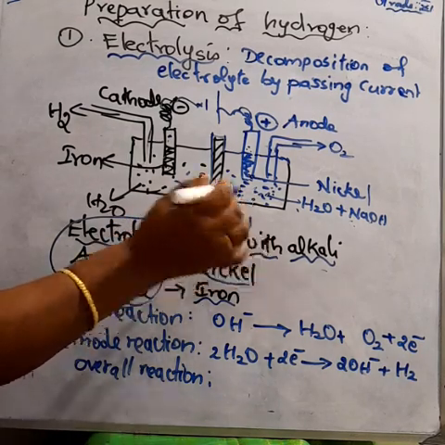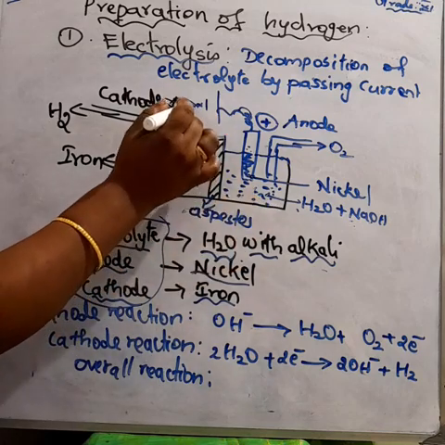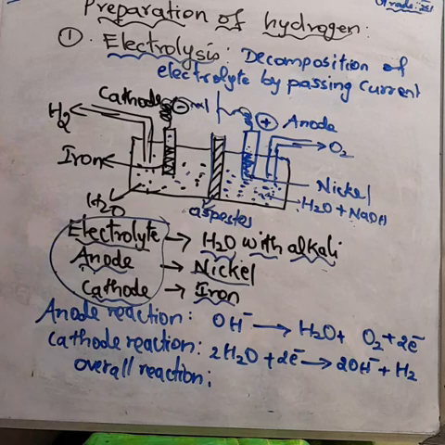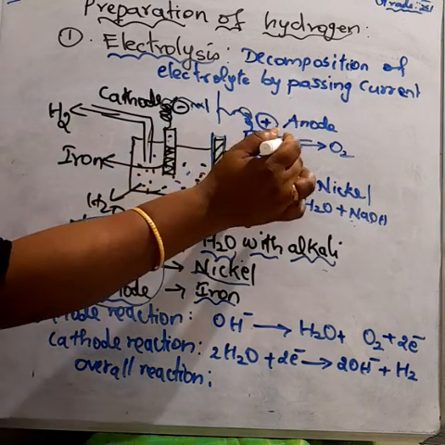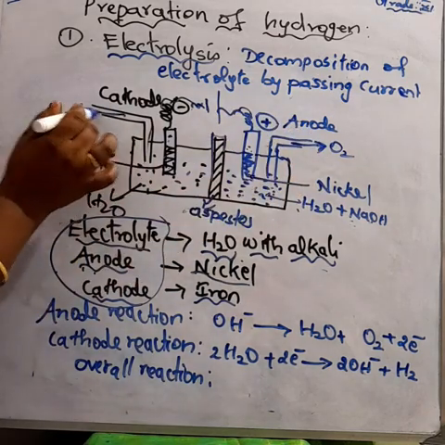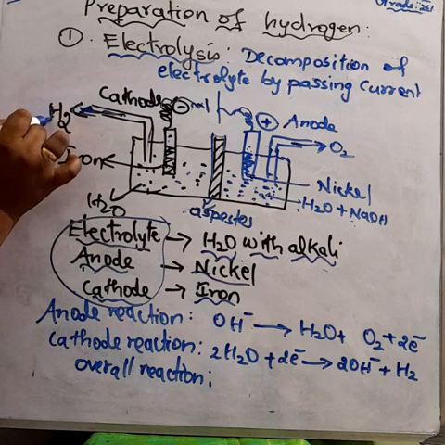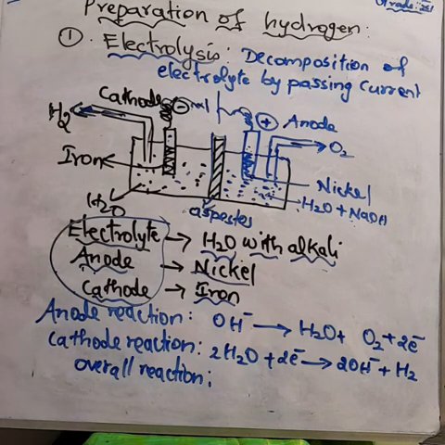When we pass current through the electrolyte using the electrodes, at the anode oxygen gas is evolved. At the cathode we get hydrogen.